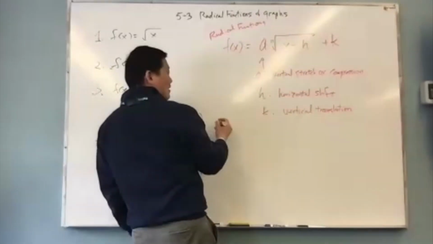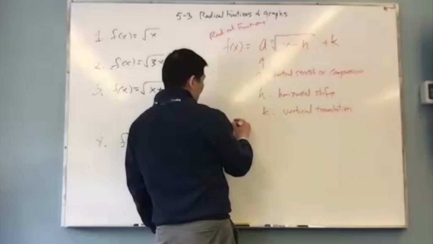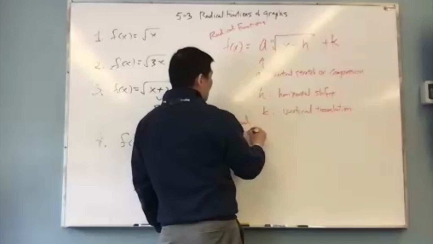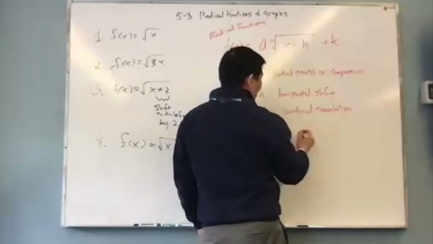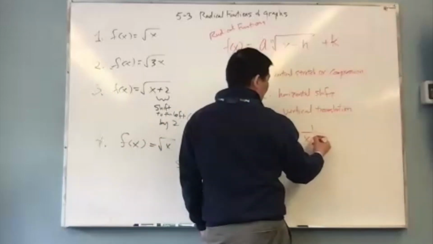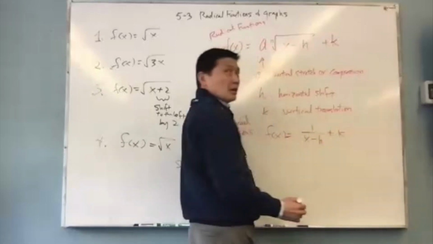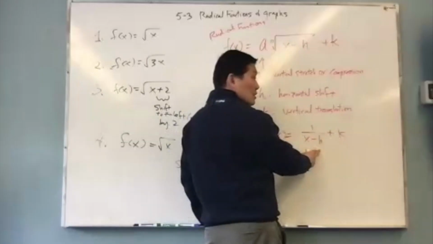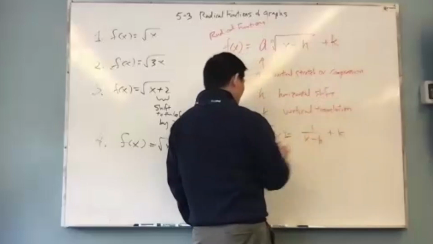But remember last time when we did the reciprocal function, we have f of x equal to 1 over x minus h plus k. Remember that? What's underneath here goes this way, up and down.